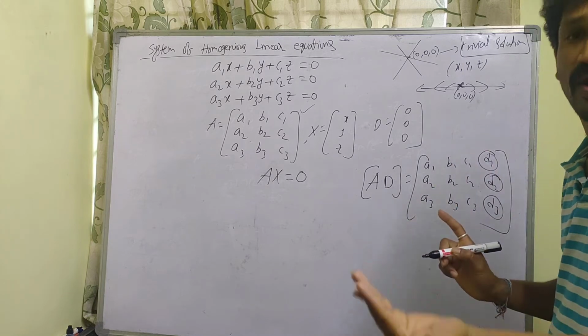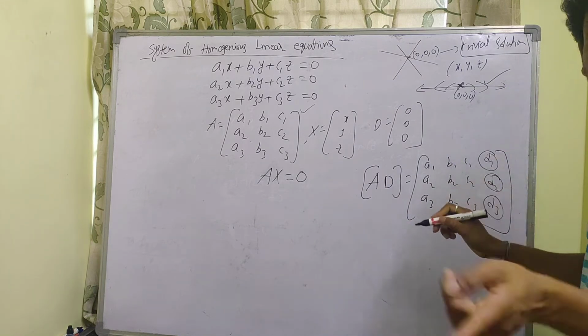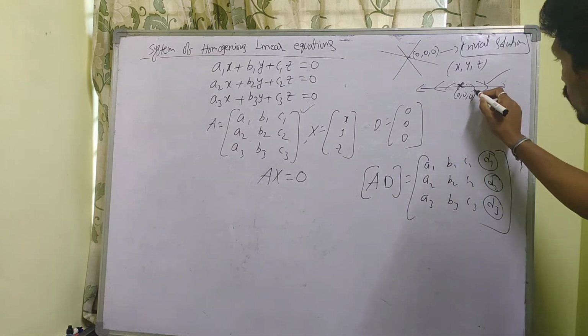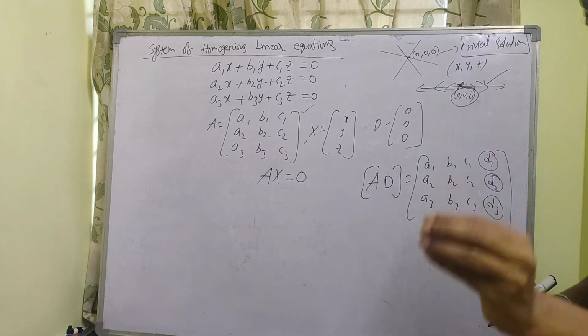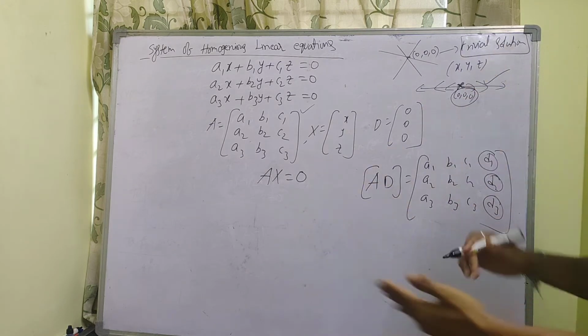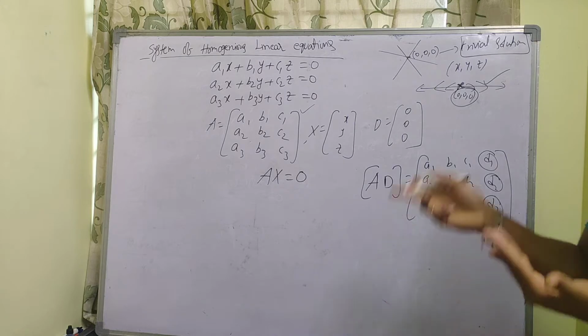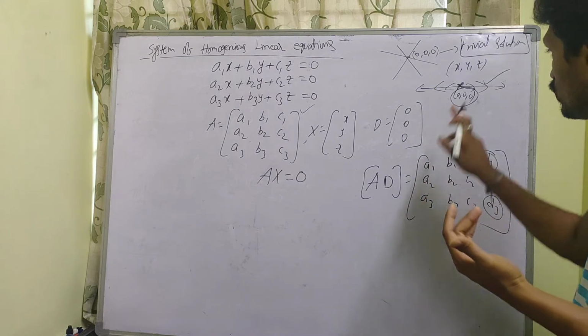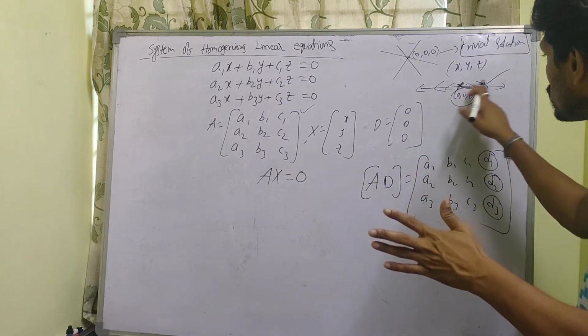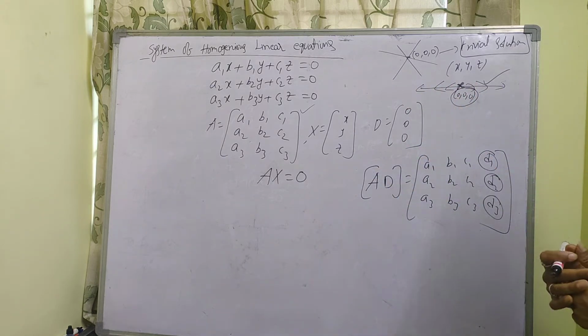If it has infinitely many solutions, one of the solutions is the trivial solution 0, 0, 0, and the remaining are non-trivial solutions. Trivial solution means you always consider it as 0, 0, 0. Non-trivial solutions means you may have different solutions.